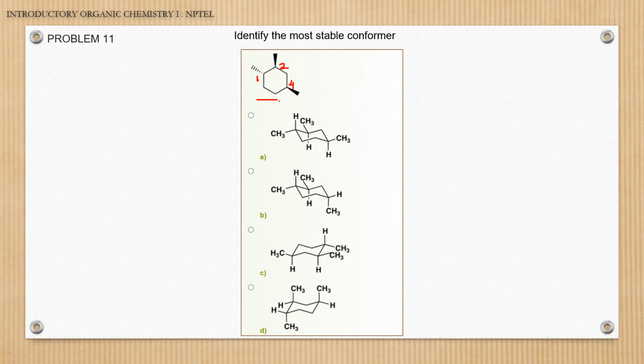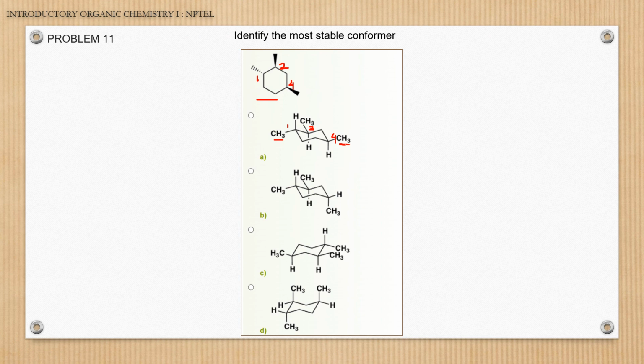So here in this conformation, the methyl group is below the plane. When you come to the second carbon, the methyl is above the plane. At the fourth position, the methyl is also above the plane. So all the three methyls are set according to the stereochemistry, and also the 3 methyls are present at equatorial position.